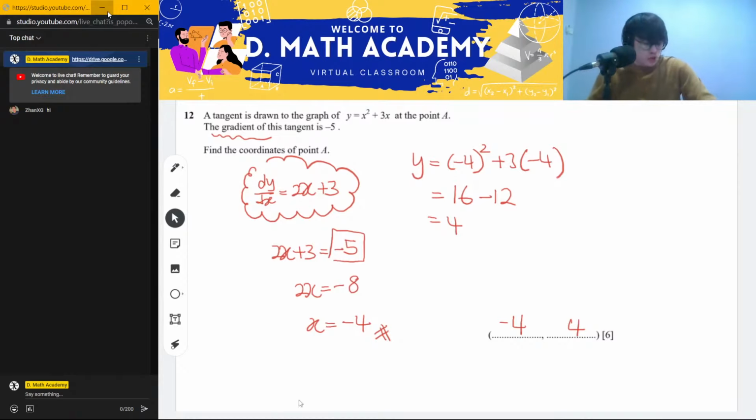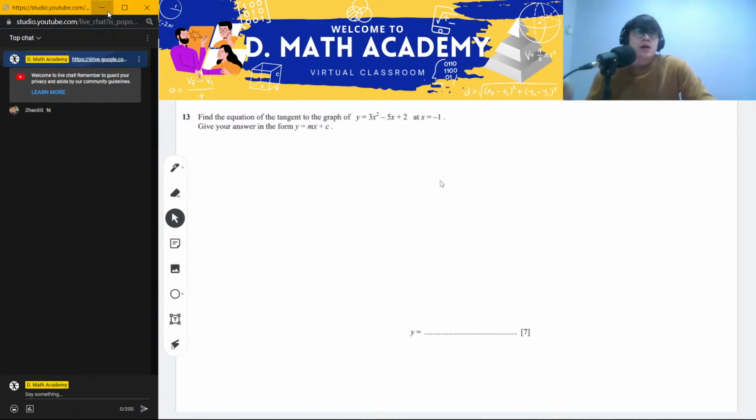All right, so let's have a look at the next question. This time around, they asked you for the tangent to the graph. They gave you y equals 3x squared minus 5x plus 2. So they're asking you for the tangent.